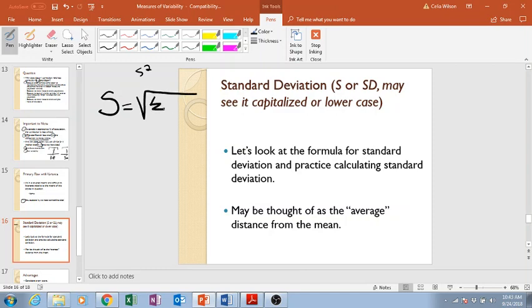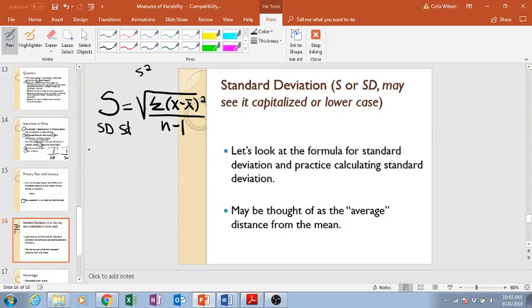So it's the same thing we had in the numerator, which we already know: the sum of the squared deviation scores, or sum of squares, divided by n minus 1. But we're going to unsquare it. We're going to take the square root of the whole thing so we can come out and just have standard deviation. You might also see standard deviation written with a capital SD or an SD like this. So just be on the lookout. All of those can mean standard deviation.